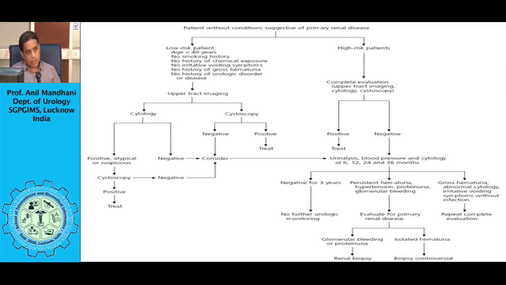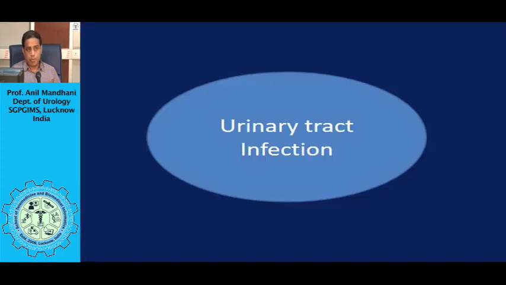Then comes protein. Urine protein is a very important indicator of so many diseases. It is very important to know, particularly being a general physician, when you are seeing a person in that age range where general conditions like hypertension and diabetes are very common.